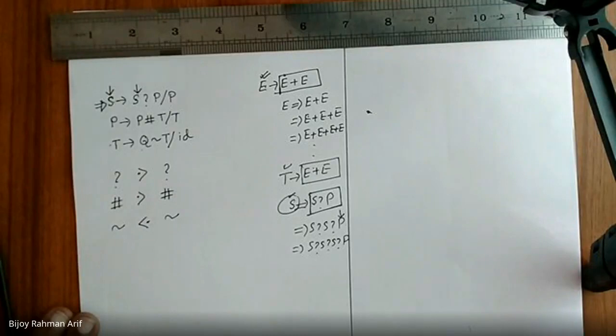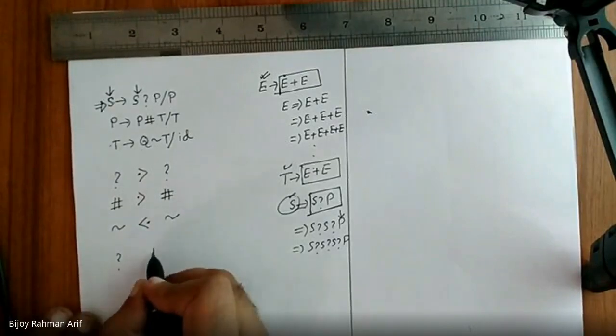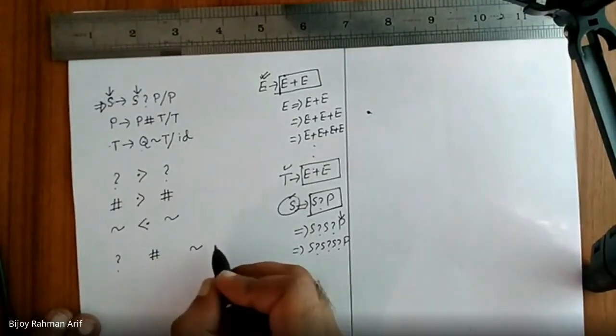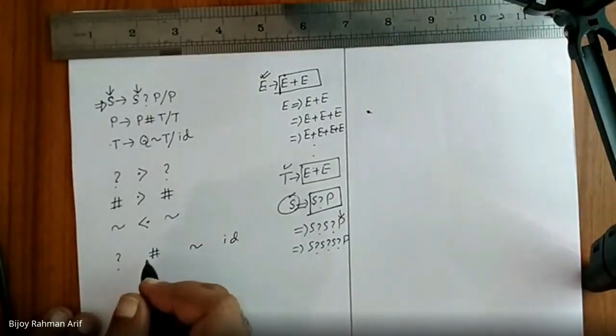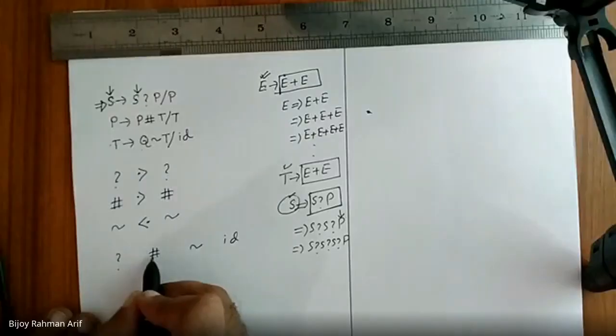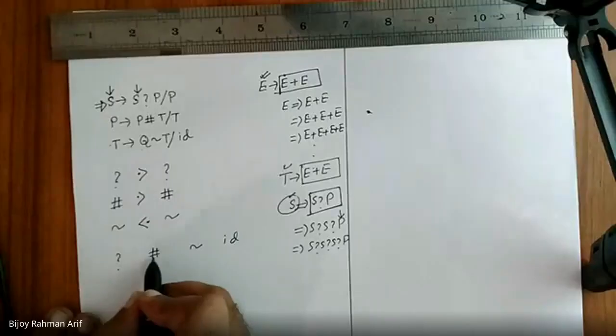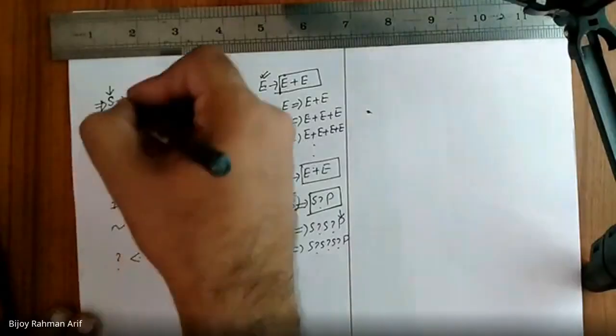Yes, sir. Now if you take question mark, hash, wiggle, ID, question and hash, which one has higher precedence? Hash. Between question and hash, hash, because hash is on the lower side, the bottom side.